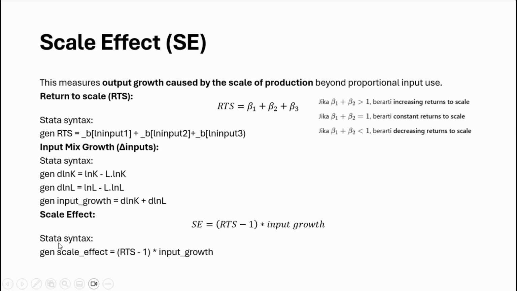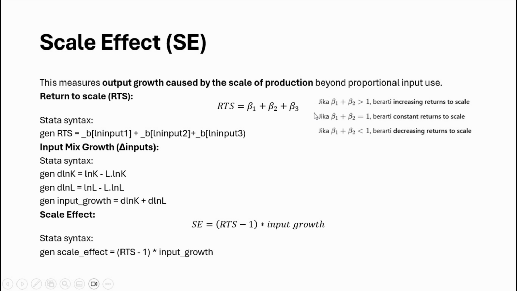And the scale effect formula is scale effect equal the RTS minus 1 multiplied by input growth. The Stata syntax: generate scale effect equal RTS minus 1 multiplied by input growth.